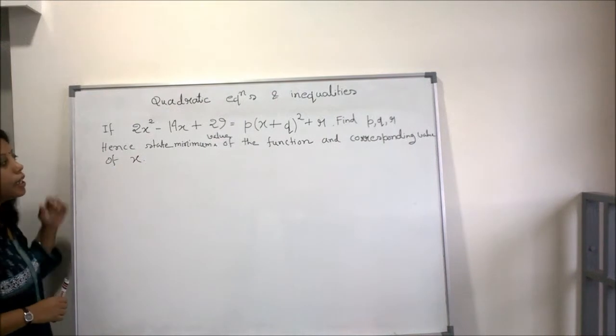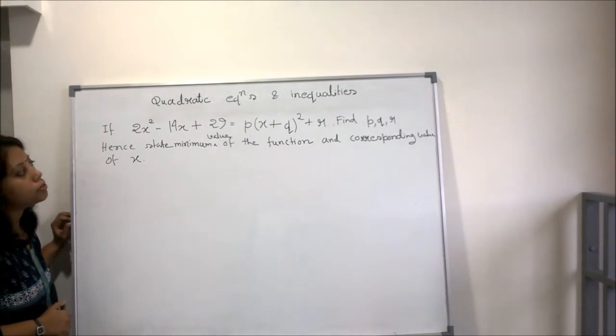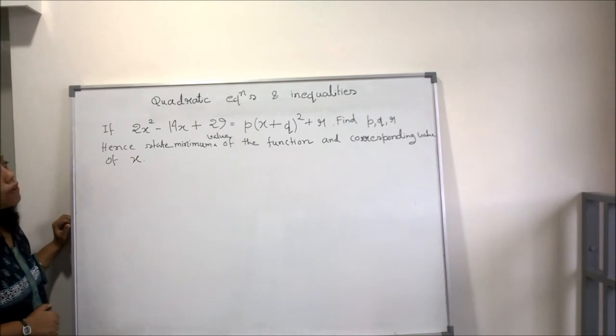So you see here now the given problem is: if 2x² − 14x + 29 is equal to p(x + q)² + r, find p, q, r.